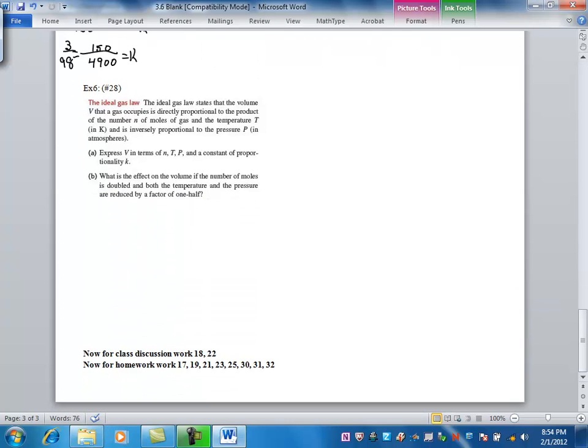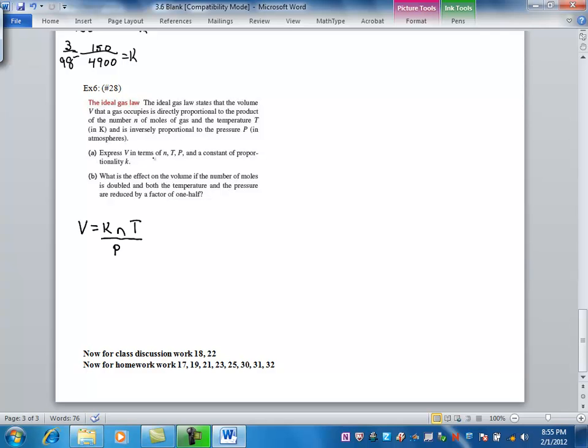And our final example to look at for this particular unit deals with the ideal gas law. It states that the volume V that a gas occupies is directly proportional to the product of the number N of moles of gas and the temperature in kelvins, and is inversely proportional to the pressure.